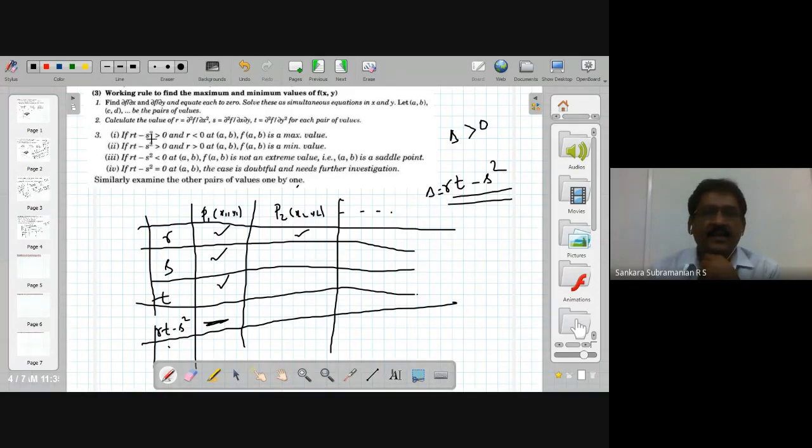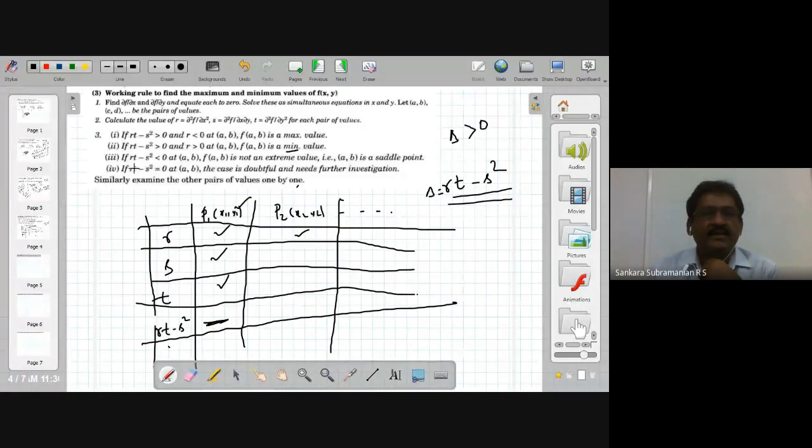If RT minus S square, which in my case is delta, is greater than 0 and R is less than 0, then you claim that this point is a maximum, that is, at this point the function attains a maximum. If RT minus S square is greater than 0 and R is greater than 0, then at this particular point the function attains a minimum value.